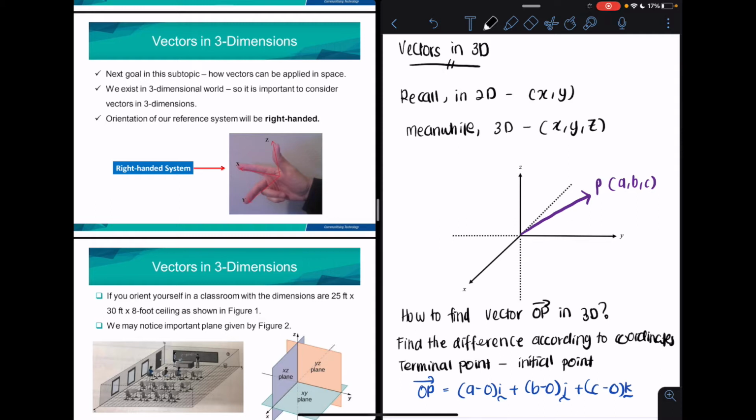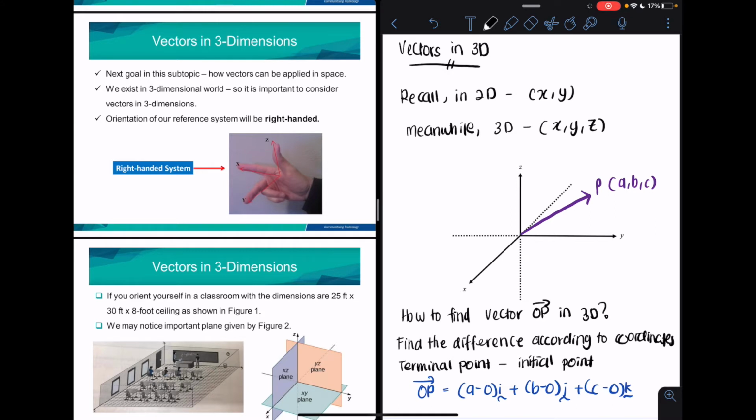So imagine you have this kind of setup where you have a vector OP, and again this vector OP we call it as position vector P prior to point P. Now, in order to determine position vector P, you will determine where is your terminal and initial points.